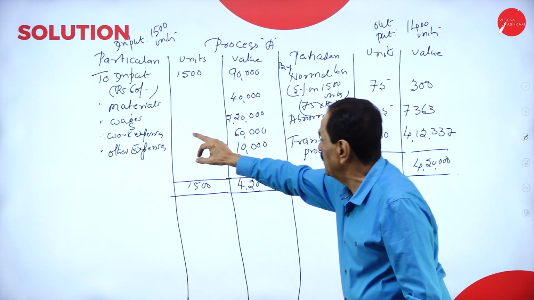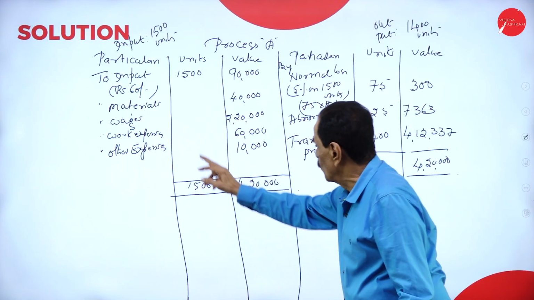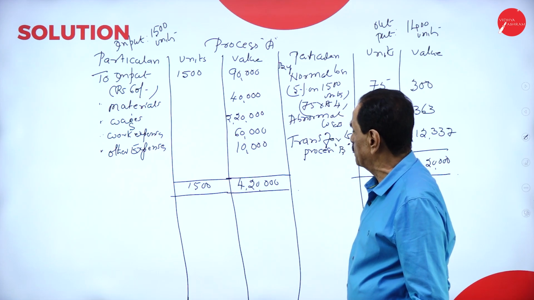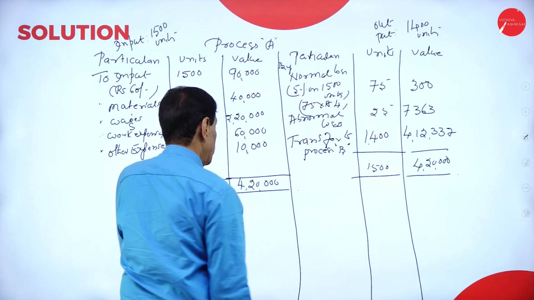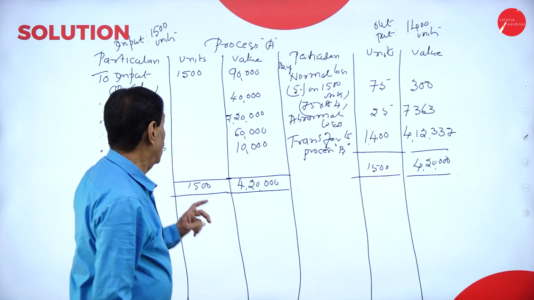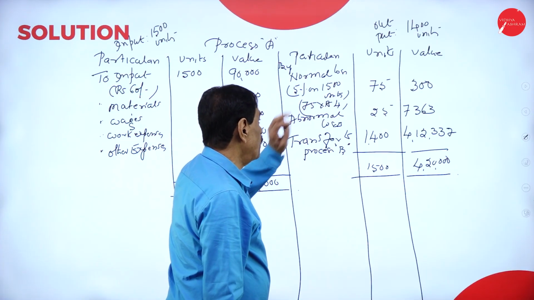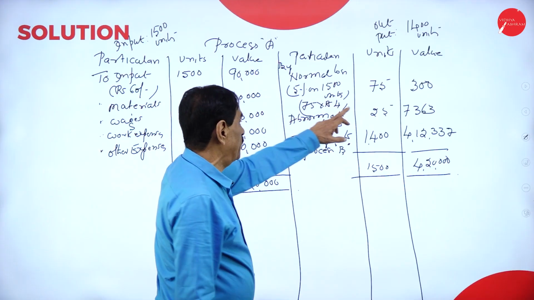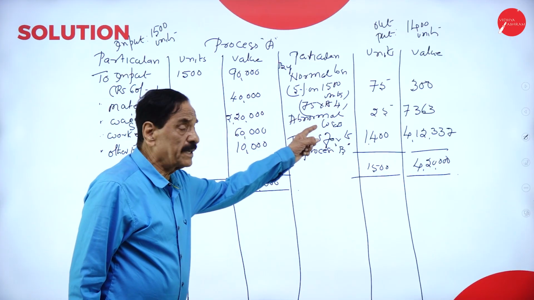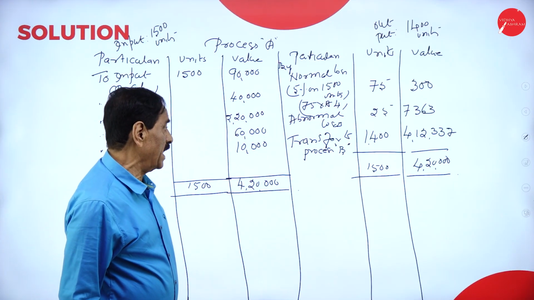Material value 40, wages value 2,20,000, work expense 60,000, other expense 10,000. So total expenditure comes to 4,20,000. How many units? 1,500. How much is the normal loss? 5%. 5% of 1,500 is 75. At what rate? At rupees 4, realized 300.